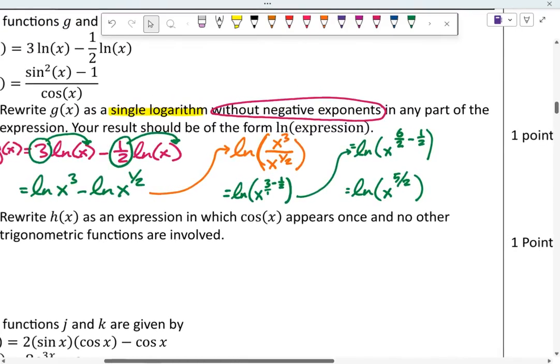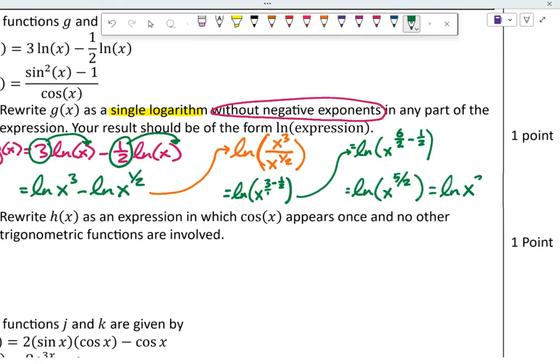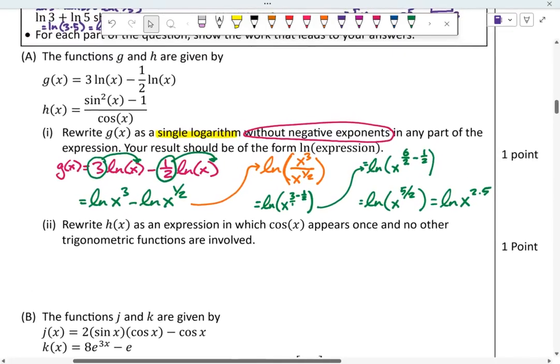I have a single logarithm. There are no negative exponents. I have simplified like they said I need to in the directions. I think they would accept natural log of x to the 2.5 because that is also equivalent. I'd be careful with something like 5/3. That would be a repeating decimal. That one you would definitely want as a fraction. All right. Any questions on part I?